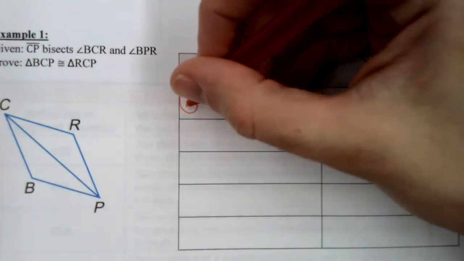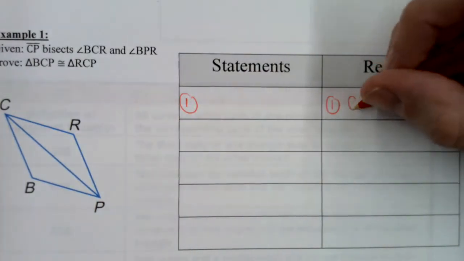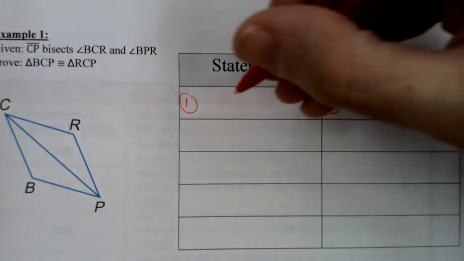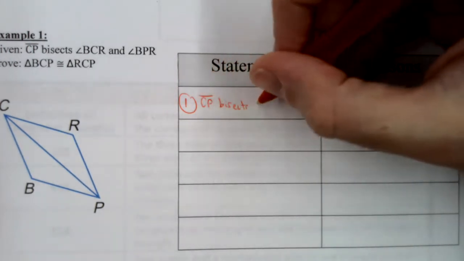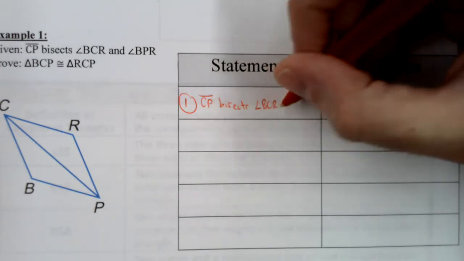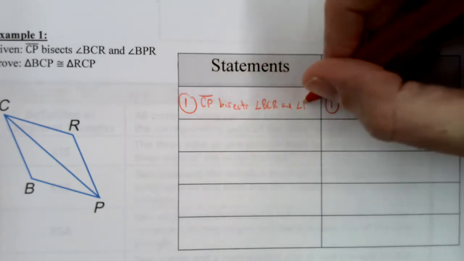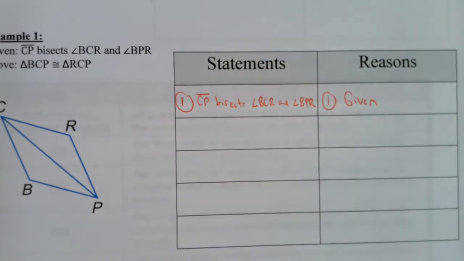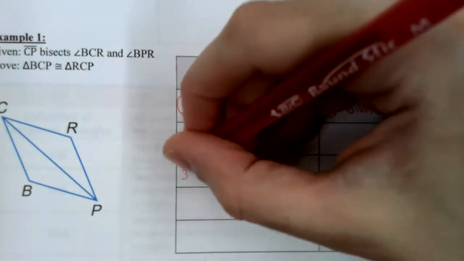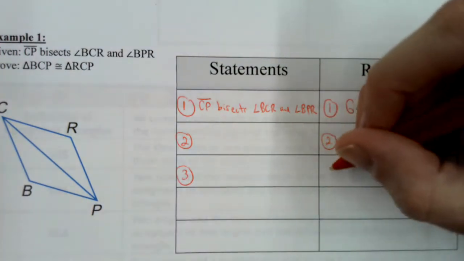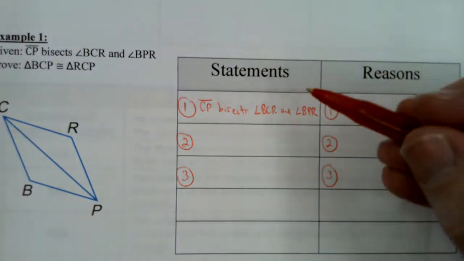So statement 1 is my given, reason 1 is given. So CP bisects angle BCR and angle BPR, reason 1 is given. Let's start with the first one.